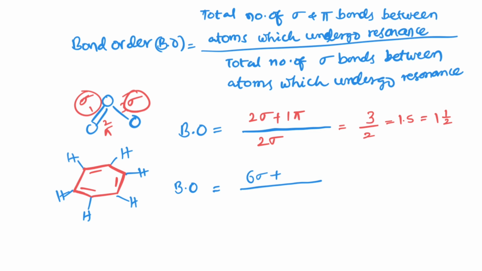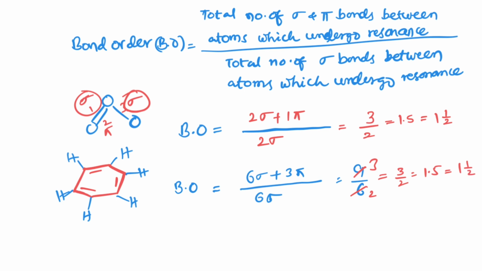So there are 3 pi bonds and 6 sigma bonds. Therefore total 9 by 6, which is 3 by 2. So this is also 1.5, equal to 1 and 1 by 2.